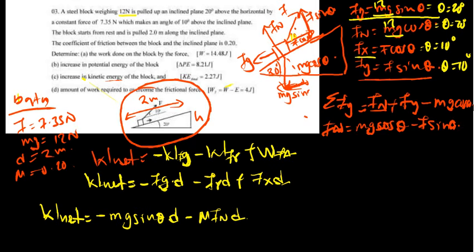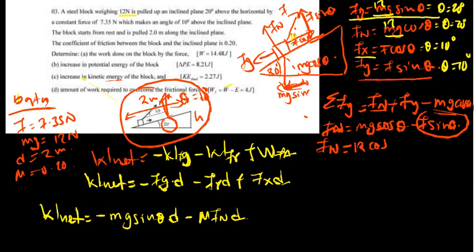Already confused, or we are still together? So my Fn is going to be equal to m is 12, so 12 times cos theta. This cos theta which we are talking about here is for, oh sorry, it's for this guy, meaning the angle is 20. But when we come for F sine theta, it is for this guy, the angle is 10.